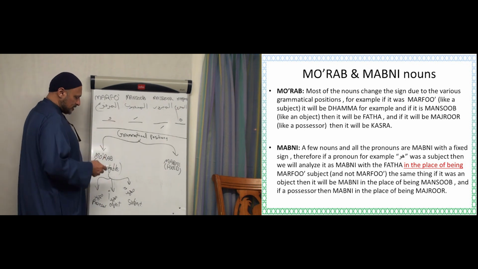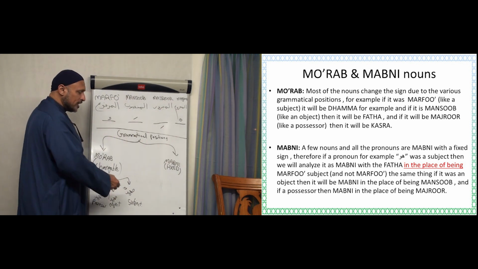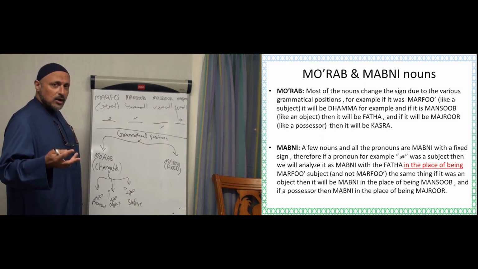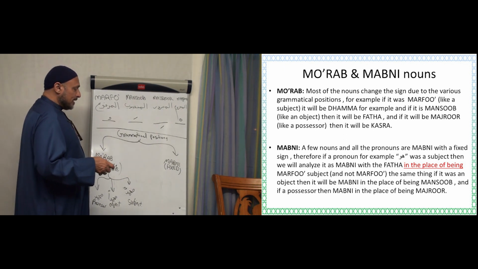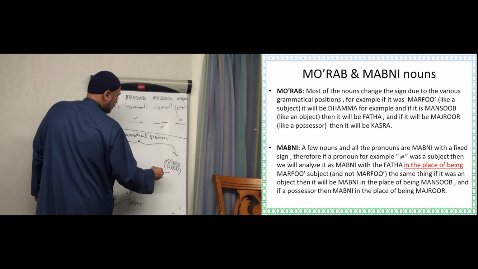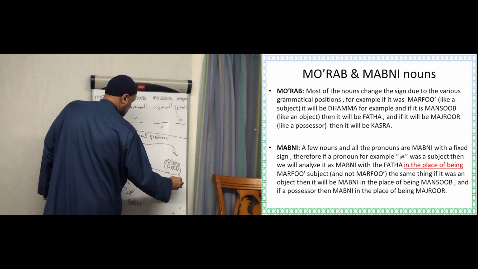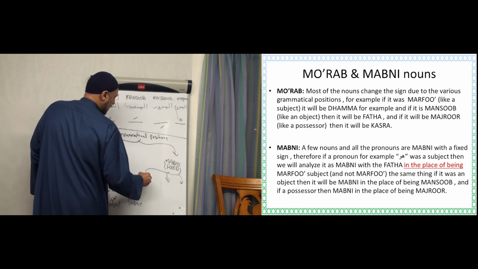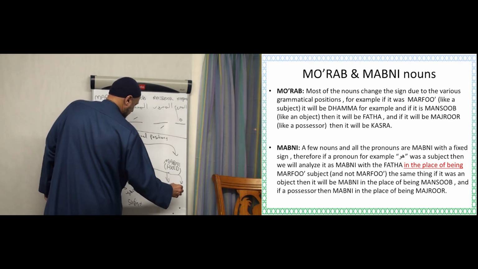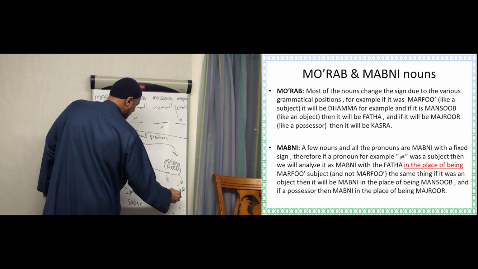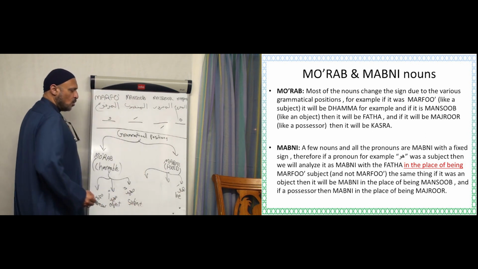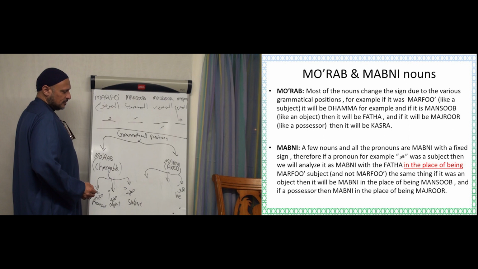As I mentioned, these are changeable. There are nouns that change their grammatical positions. And there are some fixed ones, like pronouns. Pronouns will be marfu', but their signs will not change. Like huwa means he.